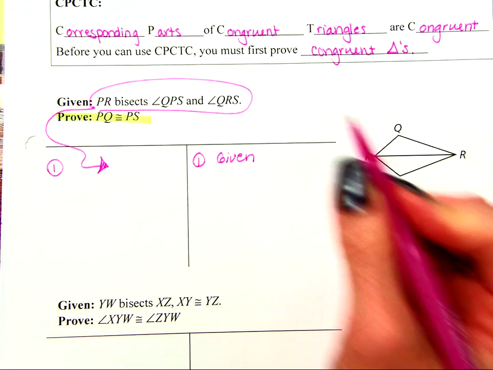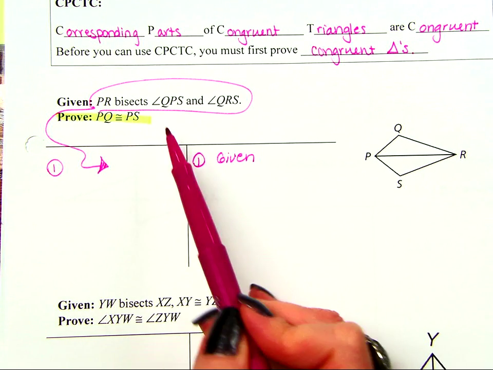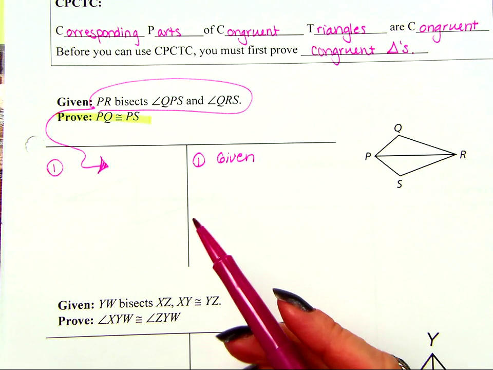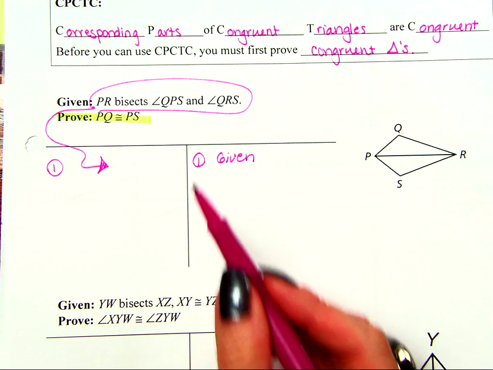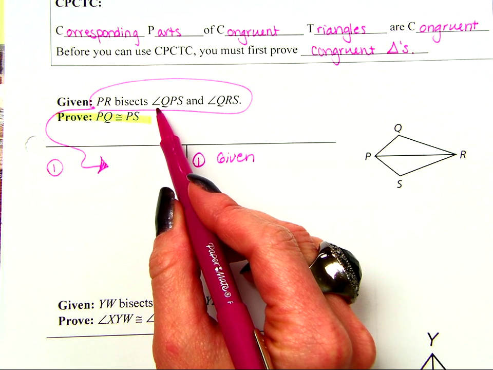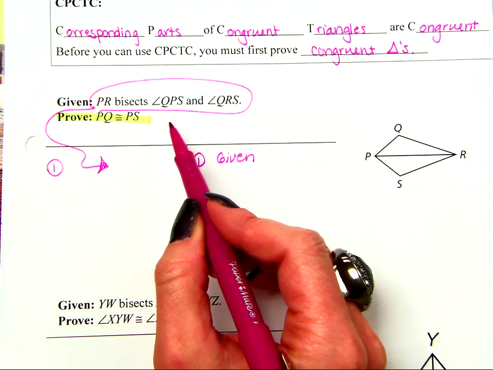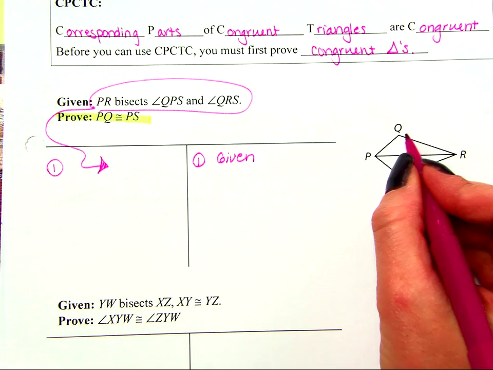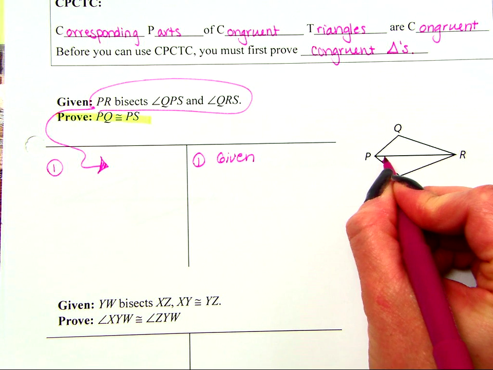Now this time, my given information, it says that PR bisects angle QPS and angle QRS. What I want you to know here is my segment PR is bisecting the angles. Not necessarily meaning I have congruent sides, but if this is bisecting angle QPS, that means it's cutting it right down the middle.